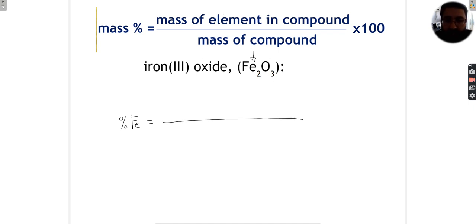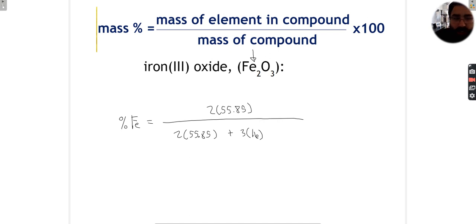Well, we need the mass of the compound at the bottom. So we get the mass of 2 irons, which is 55.85, I believe, and then the mass of 3 oxygens is 16. And over here, since we want to find iron, we put the mass of iron in there, and there are 2 irons in this substance.